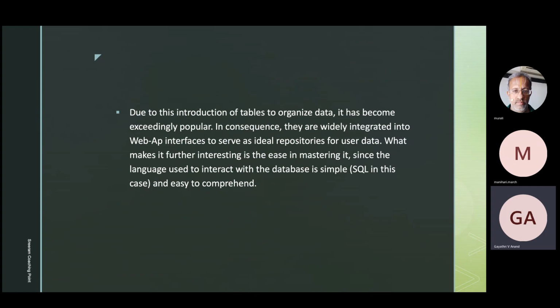It has become exceedingly popular because of the way it is organized. In consequence, they are widely integrated to web app interfaces to serve as ideal repositories for user data. Like, what example can I tell you, assuming that you purchase something in a lifestyle showroom.